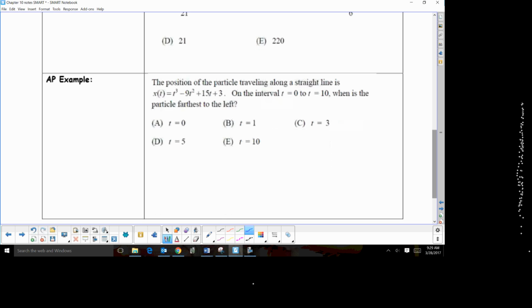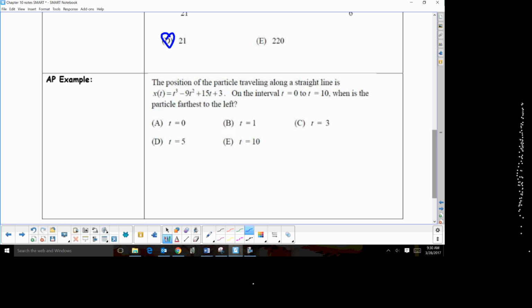The position of the particle traveling along a straight line is x of t equals that guy. Sorry, I forgot to say that, on the interval from 0 to 10. When is the particle farthest to the left? So they're looking for the position to be a minimum, basically.